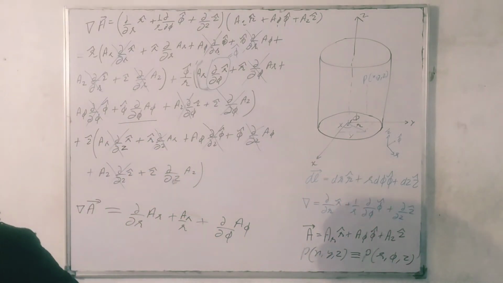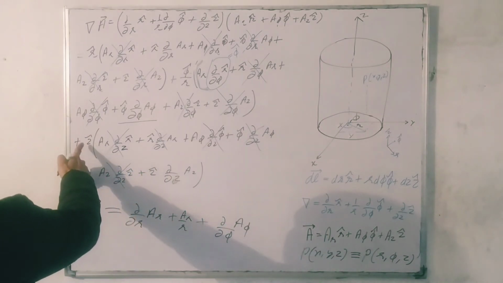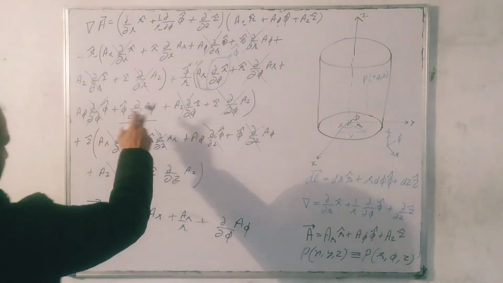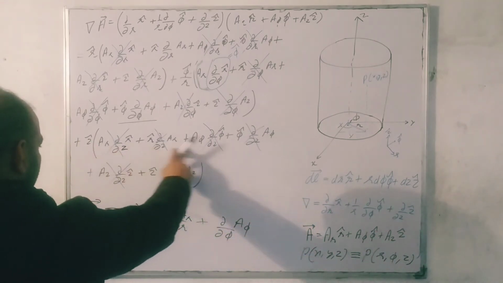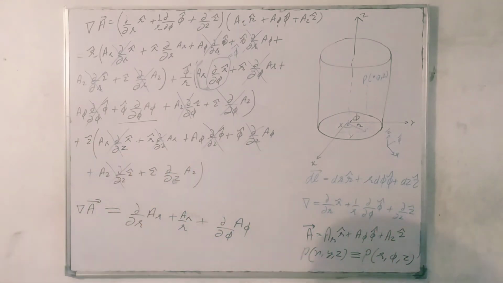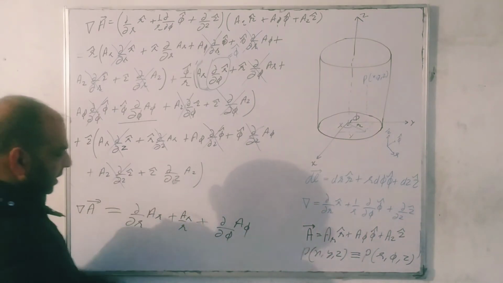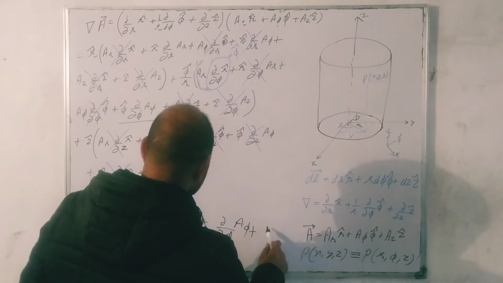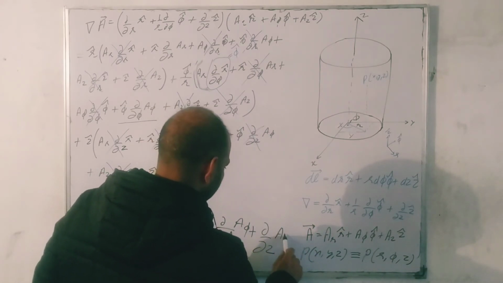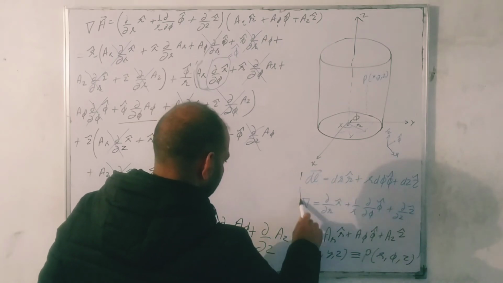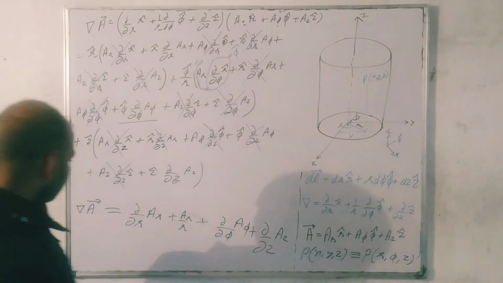Next term, here also phi dot phi is 1, that's why only this is left. Now here z dot z is again 1, so only this term is surviving here. So it will become plus ∂/∂z of A_z. I am creating a boundary here.